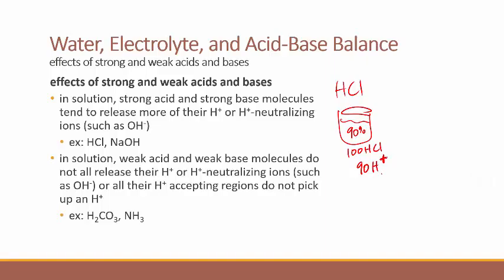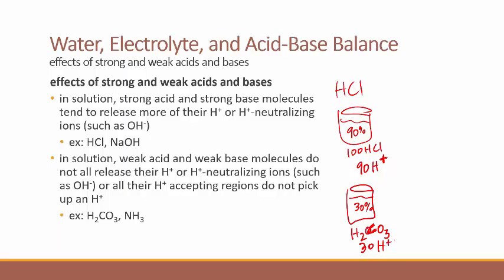On the other hand, if we were to dissolve something like carbonic acid, H2CO3, into our solution, maybe only 30% of those carbonic acid molecules are going to drop off hydrogen ions. So we might only get 30 hydrogen ions in the solution.